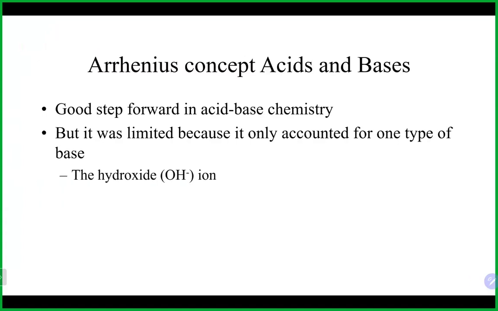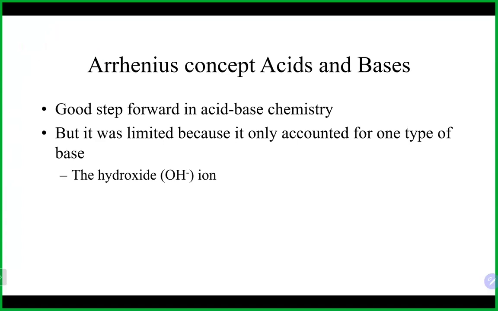Now, this definition of an acid and base was a really good starting point in terms of acid-base chemistry, but a lot of times he did work with bases that had hydroxide in them. And a lot of strong bases will have hydroxide in them, but not all bases need to actually have hydroxide in them.